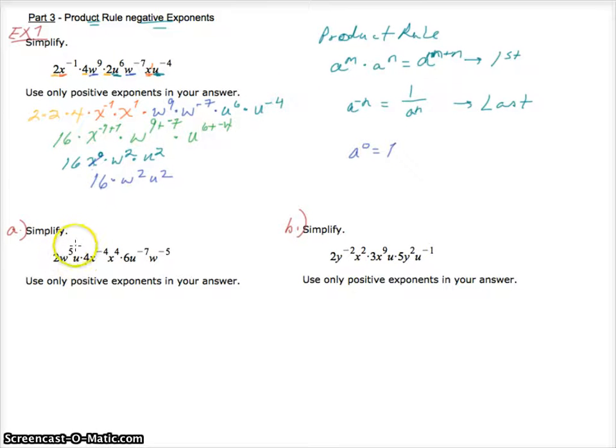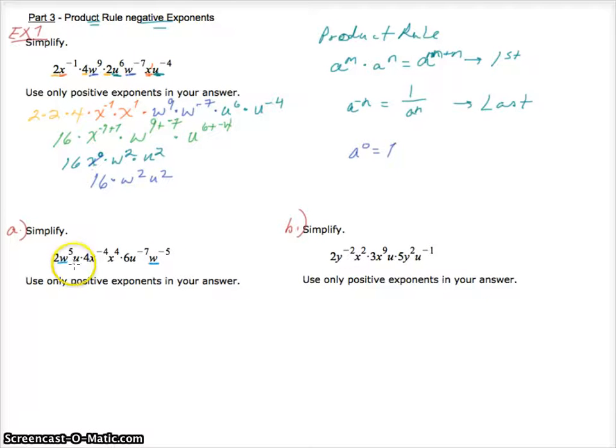I've got 2w to the fifth u times 4x to the negative fourth x to the fourth times 6u to the negative 7 w to the negative 5. So let's go organize this beast. I've got w to the fifth power and w to the negative fifth. Let's predict what's going to happen to these. Go ahead and predict it, and then we'll talk about our prediction.